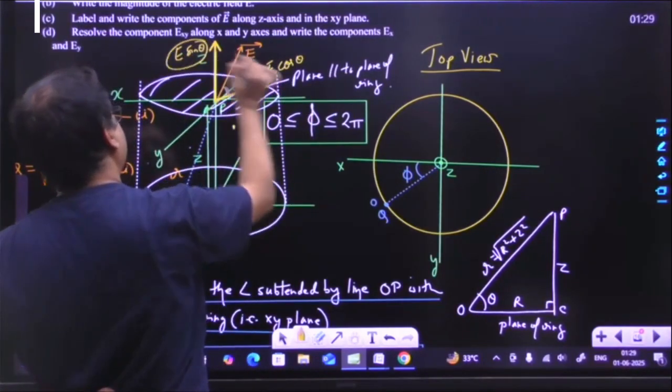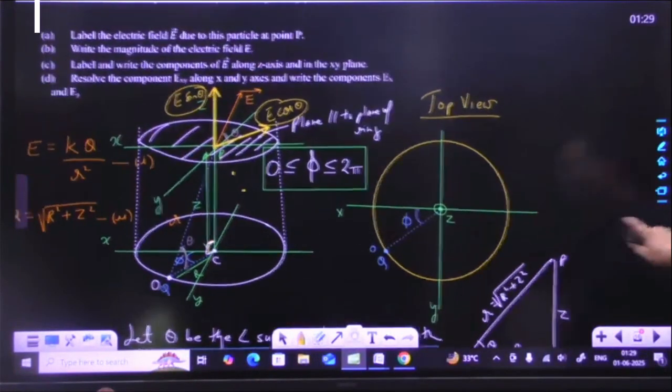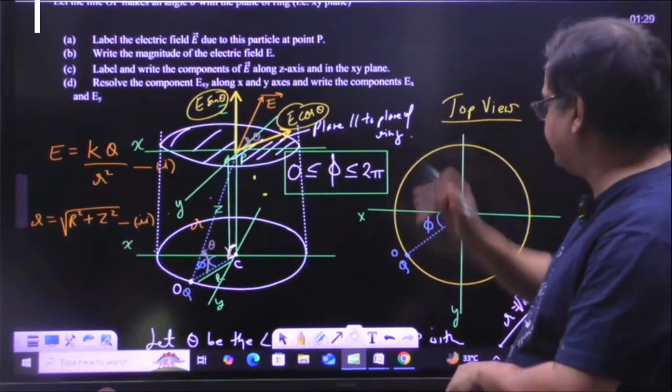Now E cos theta is coming in which plane? In the horizontal plane, that is the XY plane, and E sine theta is along the z axis.